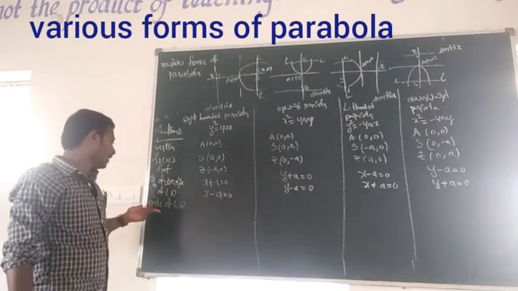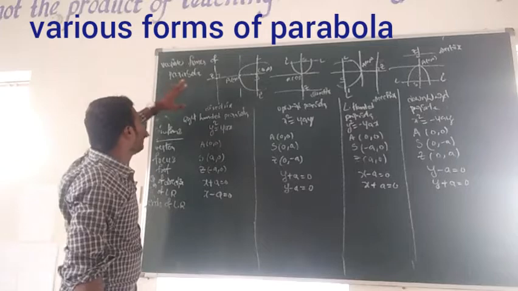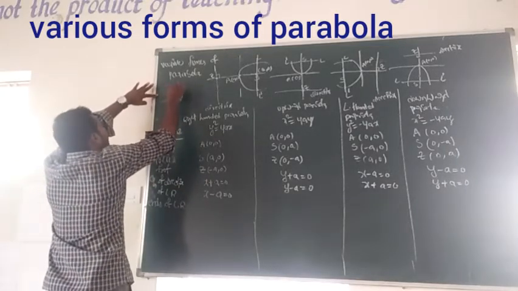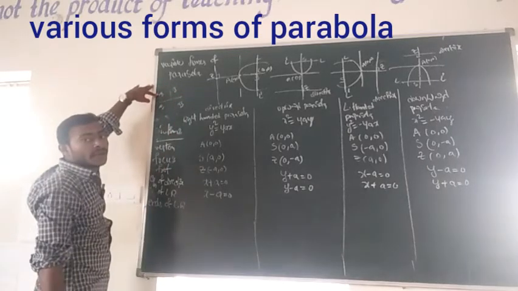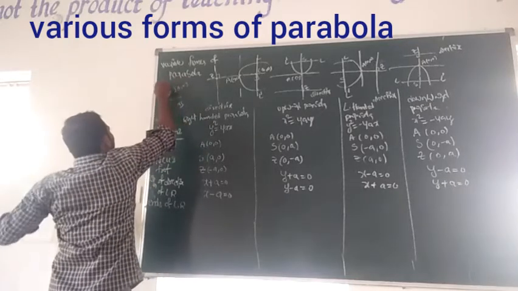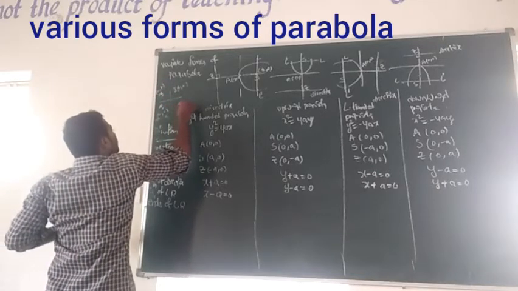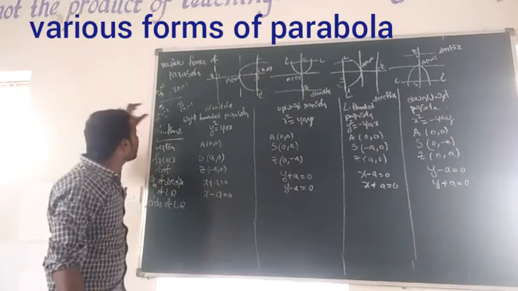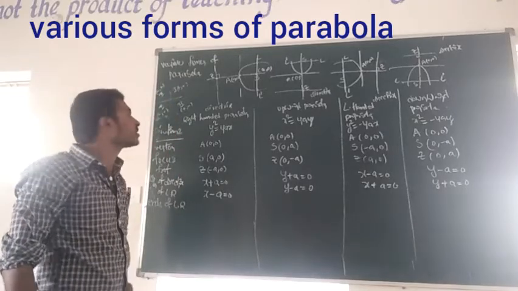Now to find the ends of latus rectum, we may take the 4 quadrants. Suppose we take one rough diagram, here the first quadrant, second, third, and here the fourth quadrant. In the first quadrant, the x and y signs are positive. Here the x sign is negative and y sign is positive. Here both are negative, and in the fourth quadrant the x sign is positive and y sign is negative. Now, depending on these values, we may take the ends of latus rectum values.